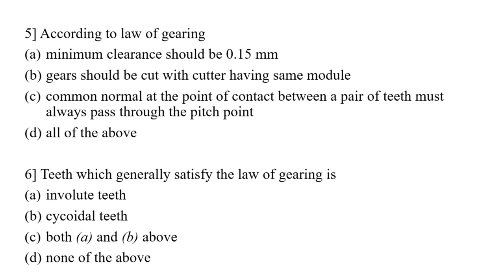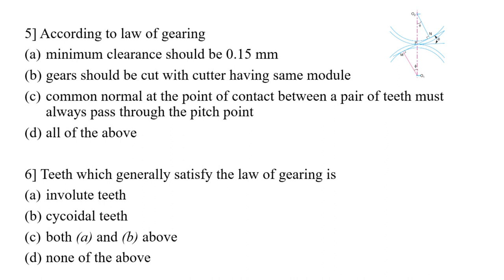Next, according to law of gearing: A, minimum clearance should be 0.15 mm. B, gear should be cut with a cutter having the same module. C, common normal at the point of contact between the pair of teeth must always pass through the pitch point. D, all of the above. So the law of gearing is the C statement, that is, a common normal at the point of contact between a pair of teeth must always pass through the pitch point.